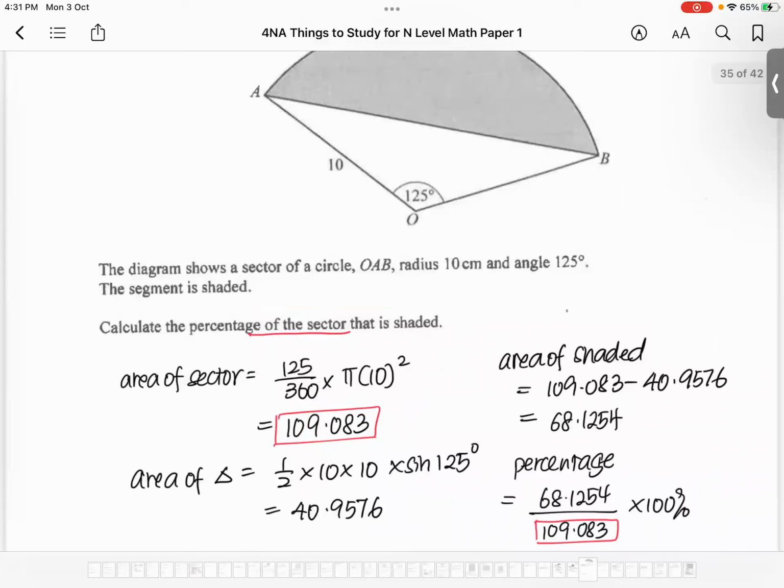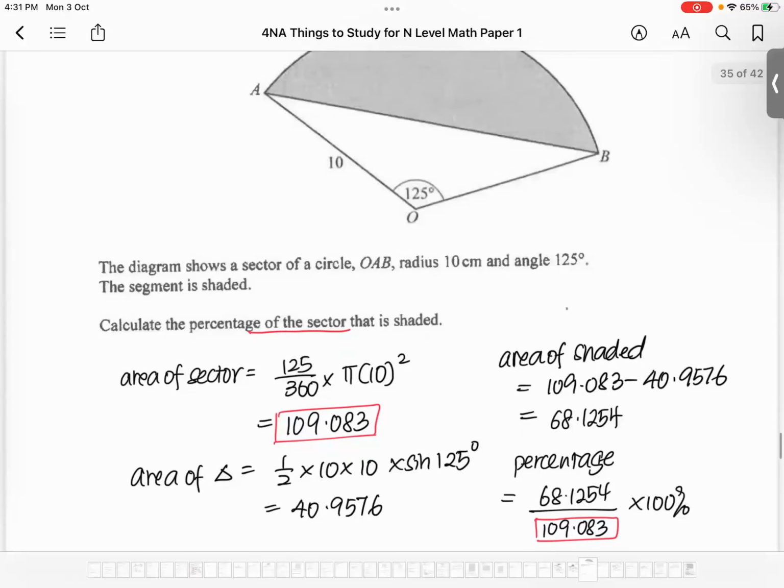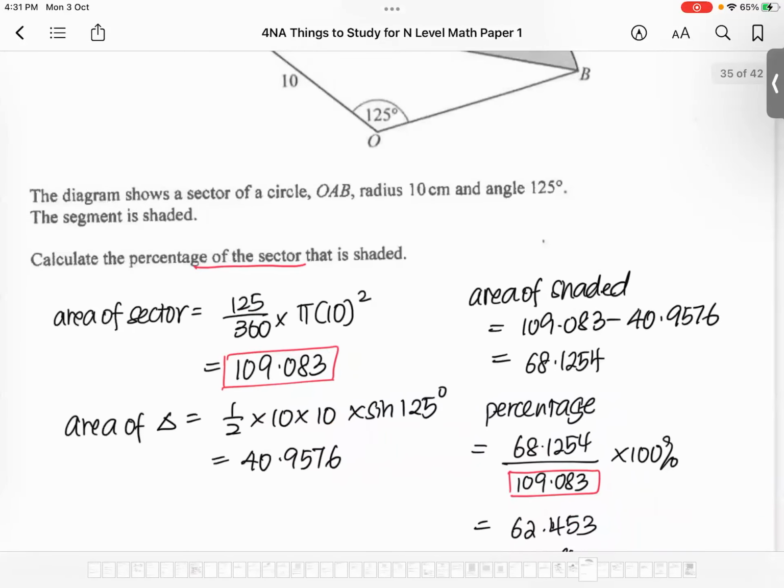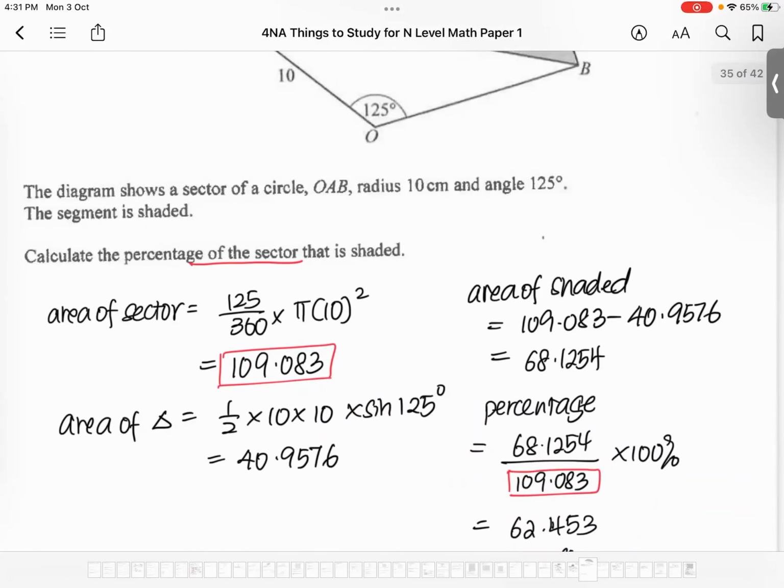Half a b sin C. Radian mode will only appear for paper 2. So for paper 1, you must make sure your calculator is in degree mode. Everyone, just check and make sure you change your calculator to degree mode. So the area of the shaded region, you take the area of the whole sector minus that triangle.